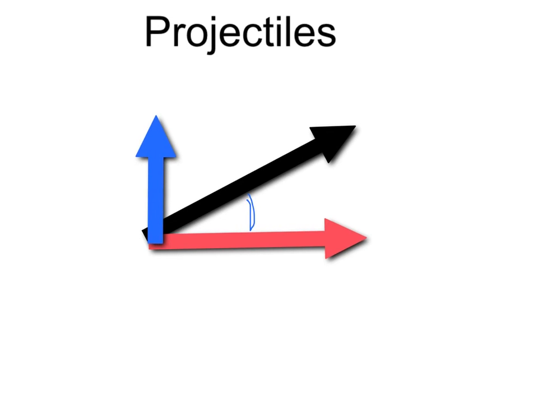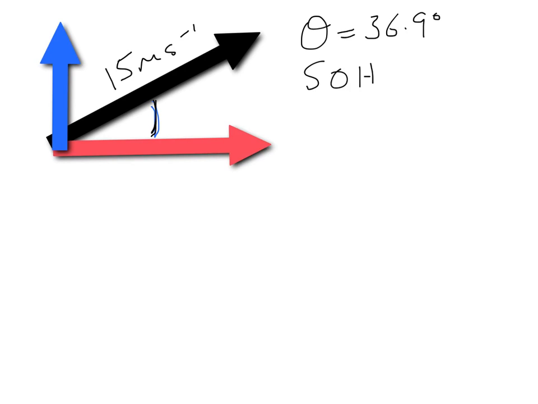So let's set theta as 36.9 degrees. That's that angle in there. And we'll set the magnitude of the vector as 15 meters per second. Now, using SOHCAHTOA, we've got SOH, so sine theta is equal to opposite over hypotenuse.